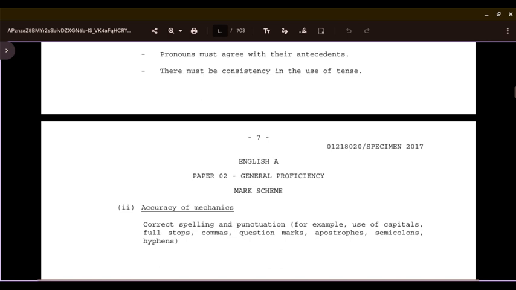And that is only if they apply. If you're writing sentences that don't need apostrophes, semicolons, or hyphens, that's okay. If you write sentences and there's no need for a question mark, that's okay. But if you do need them, you need to put them in. All right. And that's all that is. Make sure your punctuation is accurate.